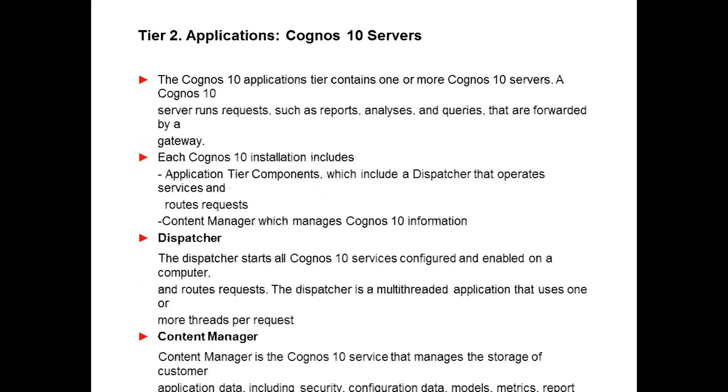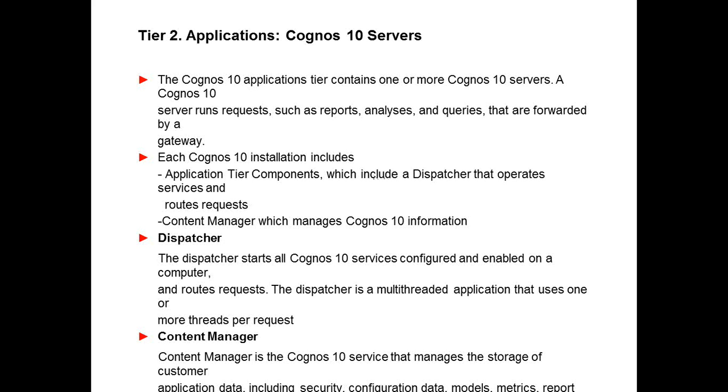Next is the application server. It contains one or more Cognos servers. It has a dispatcher. Its installation includes application tier components, which include a dispatcher. In the first tier we discussed the gateways.